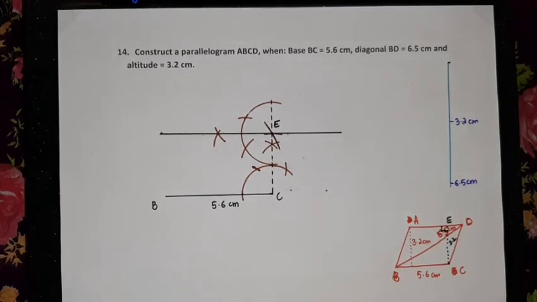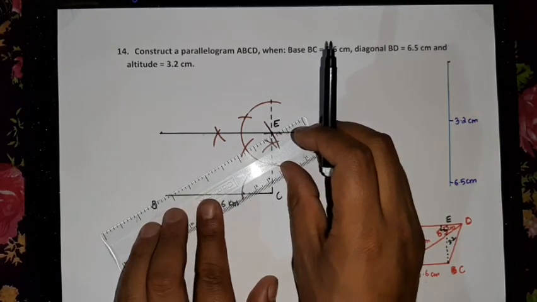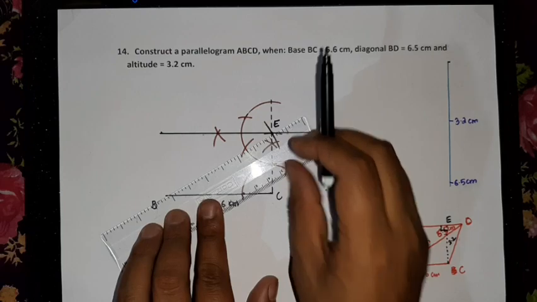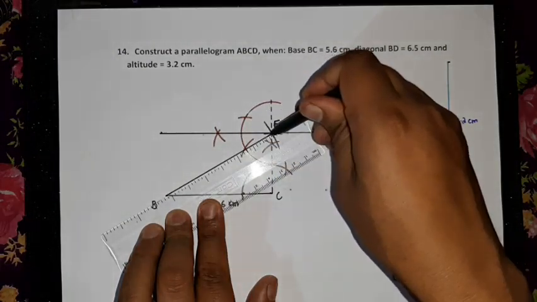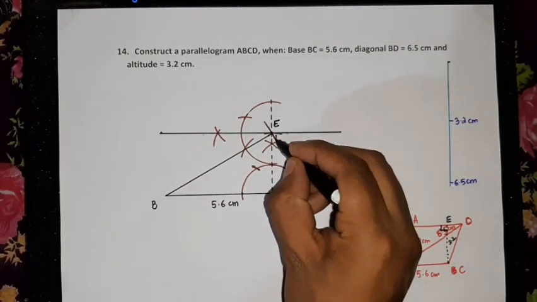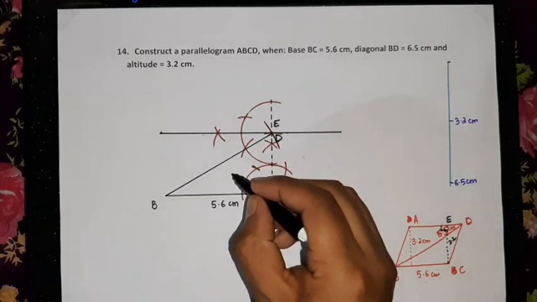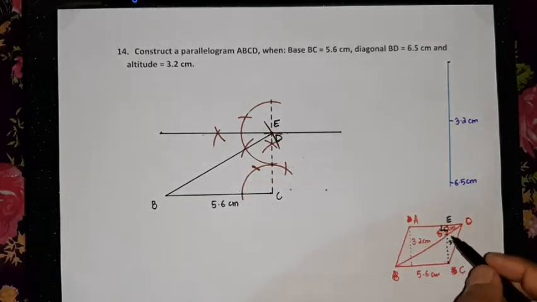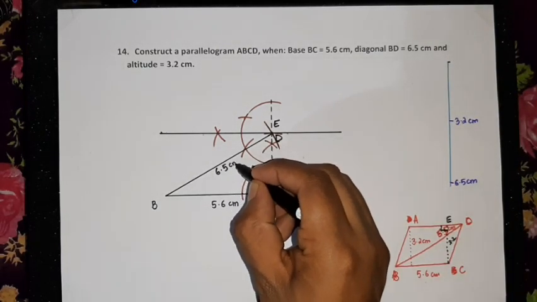Okay, so let me join the diagonal BD also. Okay, now BD is joined and this point is written as D. Now BD is how much? BD is taken to be 6.5, right? So this is 6.5 centimeter.